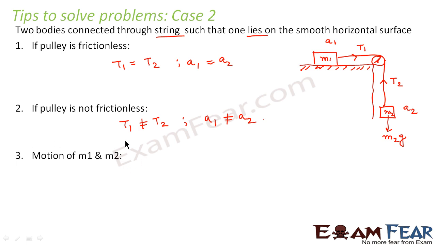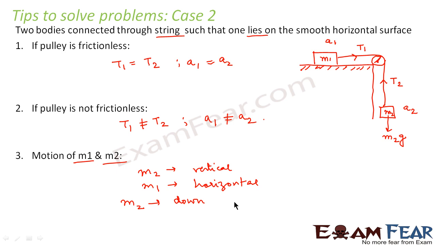Now let's talk about the motion of M1 and M2. In this case, the motion of M2 will be in the vertical direction, whereas the motion of M1 will be in the horizontal direction. That is, if M2 moves downwards, then M1 moves towards right.